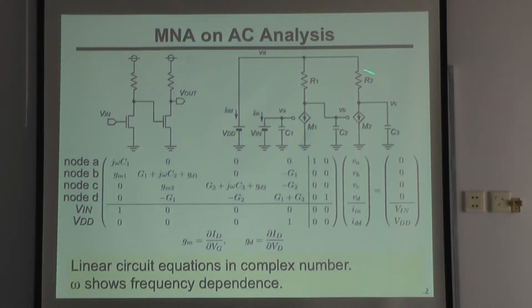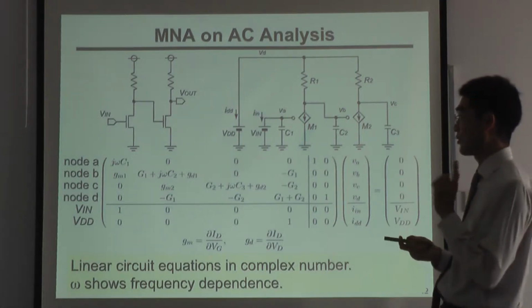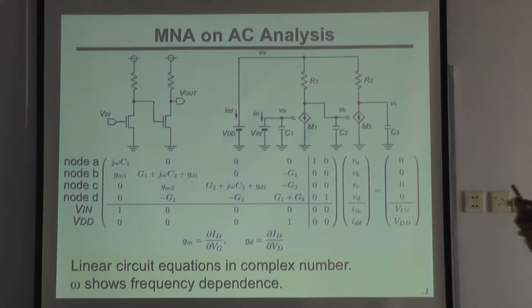So after all the circuit is linearized, we can easily make this kind of modified nodal analysis matrix, and we can easily solve these equations, and we can have this voltage and current. So we don't need iterations. We need only a one-time calculation for this inverse matrix.